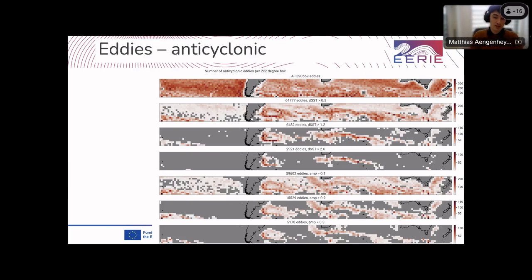Like the atmosphere would see the most of this. This might be slightly different in a coupled model where we also have to think about currents and wind interactions, but in the AMIP world, the main way these eddies are going to influence the atmosphere is through the local SST gradients. But we can also look at the eddy amplitude that PyEddy Tracker conveniently provides, and put thresholds on those. And either of those thresholds are quite intense. We really look at only the few strongest percent of the eddies.